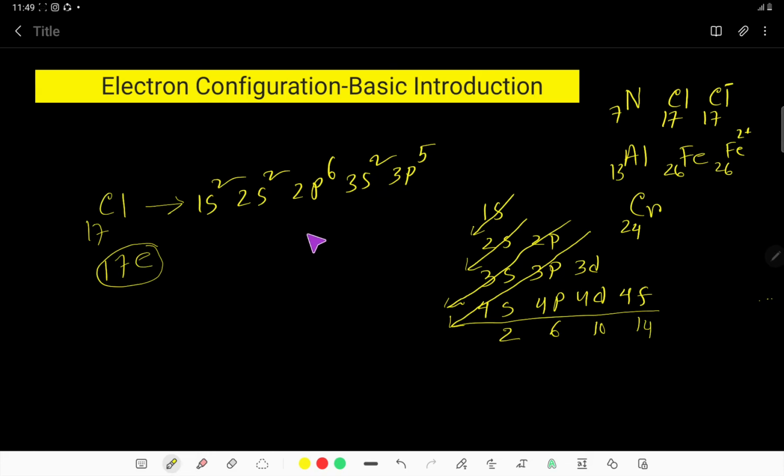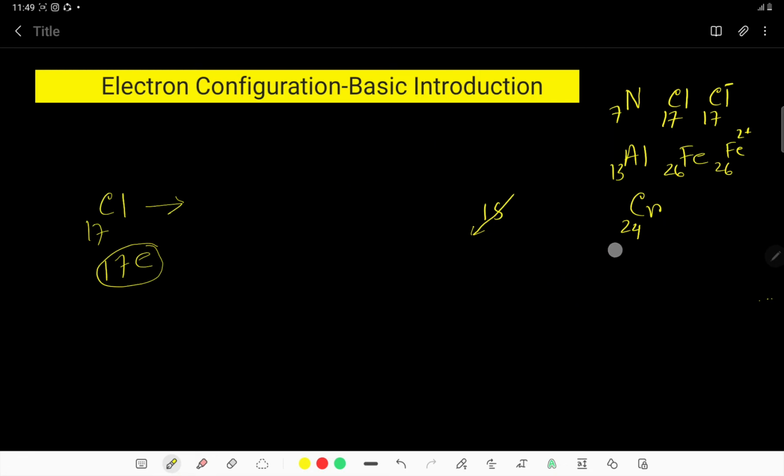Let me show the other method for writing the electron configuration of chlorine. Okay, so let us delete this.